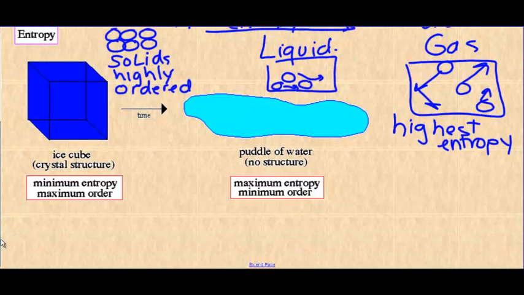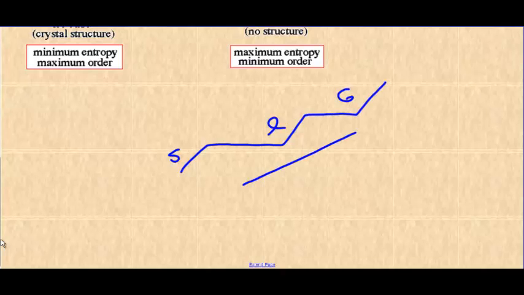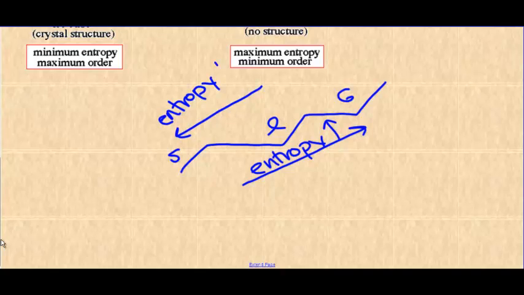Or you can think of our heating curves. Solid, liquid, gas. As you go up the stairs, entropy or disorder increases. As you go down the stairs, entropy or disorder decreases.